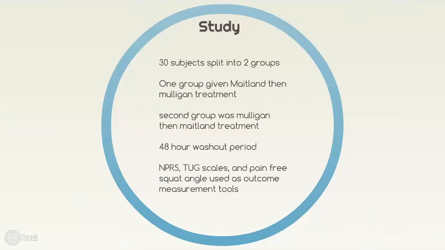WOMAC and walk tests were used as outcome measures, and treatment groups were less likely to be taking medication and reported being more satisfied with their care, as well as 2 times greater WOMAC improvement after 1 year. So obviously, both of these alone showed great, significant increases in range of motion and significant decreases in pain.